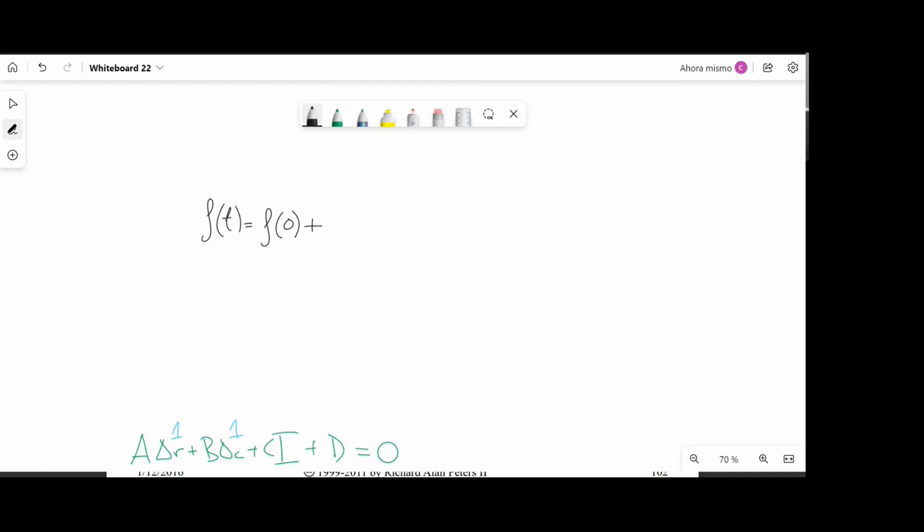So plus f prime of t, evaluated at 0, times t, plus f second of 0 times t squared, and so on. This is the Taylor expansion, isn't it?